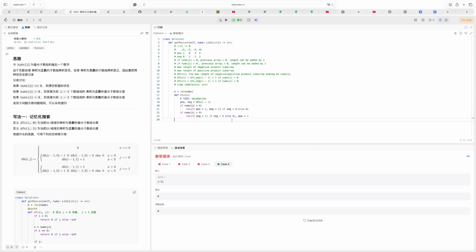So if the previous negative length is 0, then we will have 0 positive length.